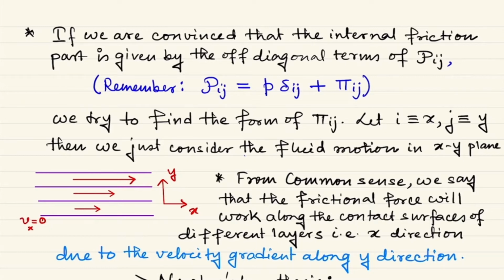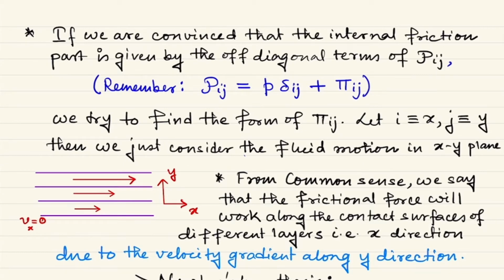Okay, and this is the part which represents the effect of the internal friction or the viscous effect. Now we try here to find the form of Pij. Already we have done something from kinetic theory, but here we will see how, macroscopically, without going into the microscopic detail, we can do something.